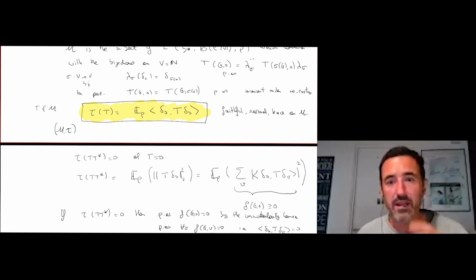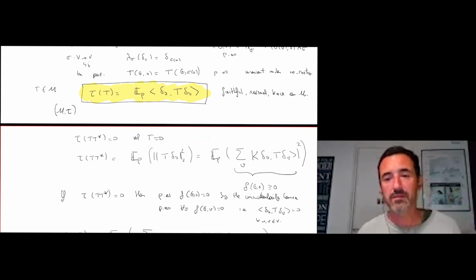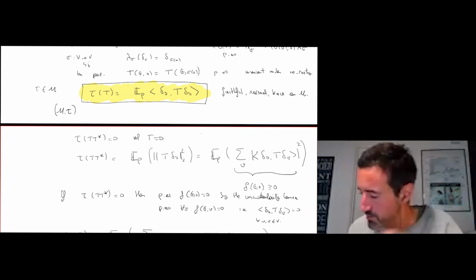So the fact that you have a nice trace on your von Neumann algebra is really important. It is crucial that your measure is unimodular.